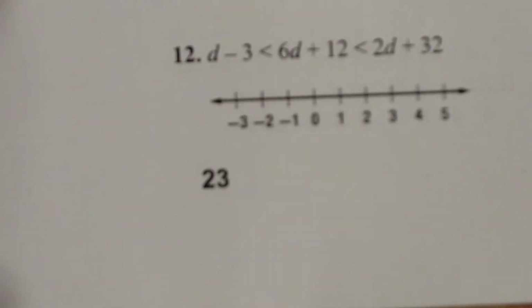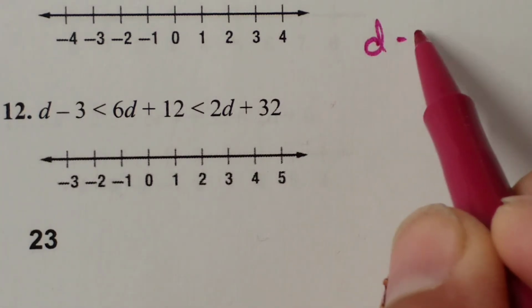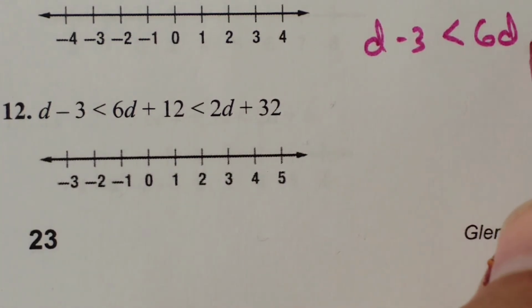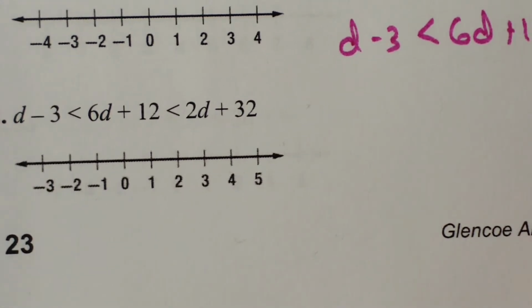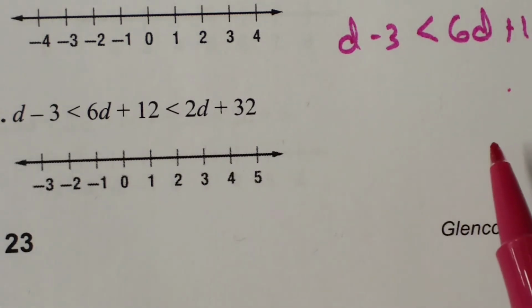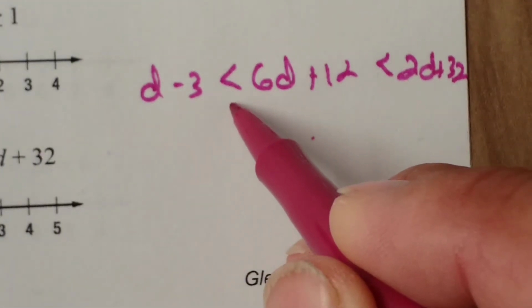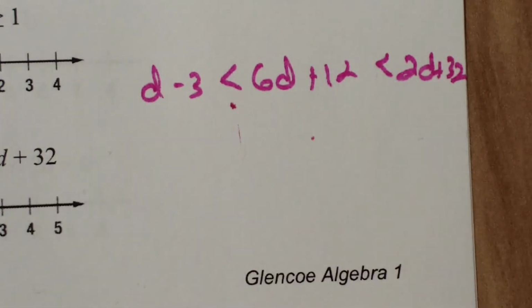Okay, let's look at the harder one, number 12. I'm going to rewrite this so I have room. It says D minus 3 is less than 6D plus 12, which is less than 2D plus 32. For this problem, I think it would be easier to split this up into 2 different inequalities.